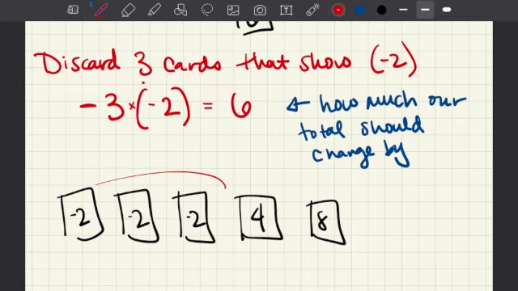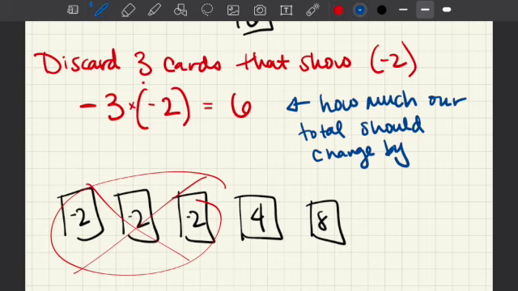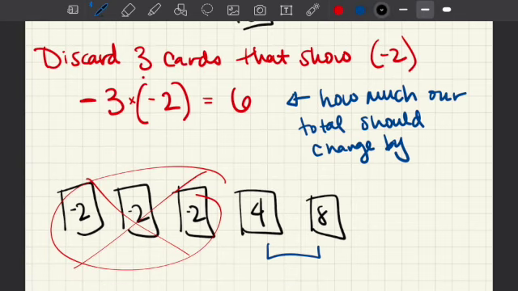We're gonna get rid of them. And that means we only have these 2 numbers to find the total of. So we've got the total 4 plus 8, and we know 4 plus 8 is 12.